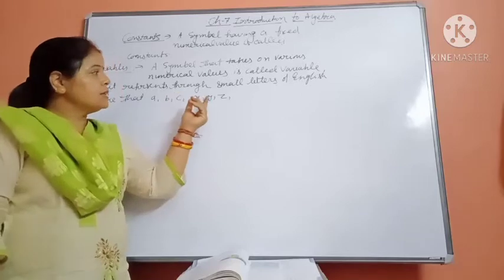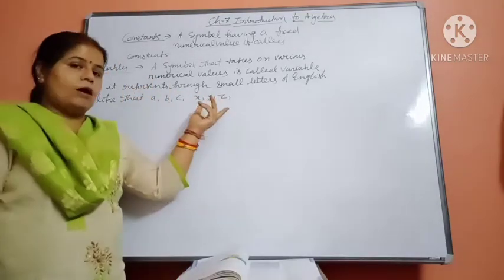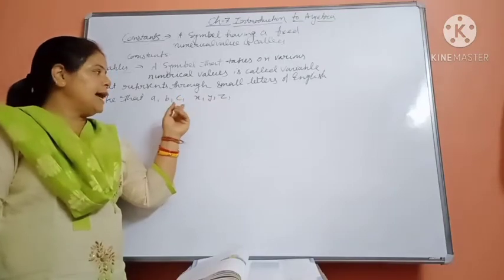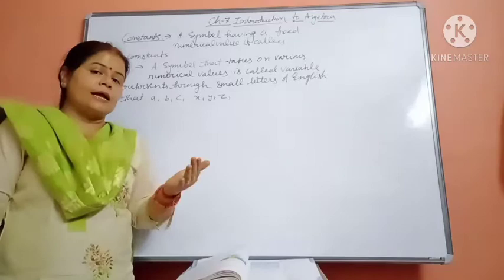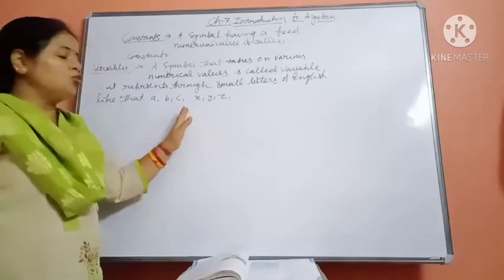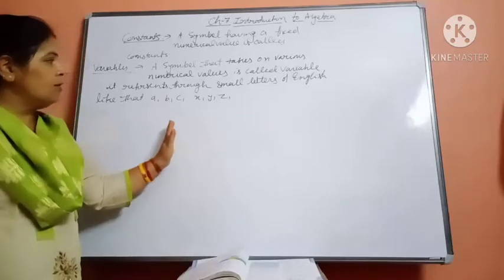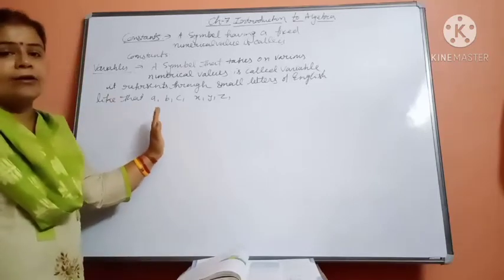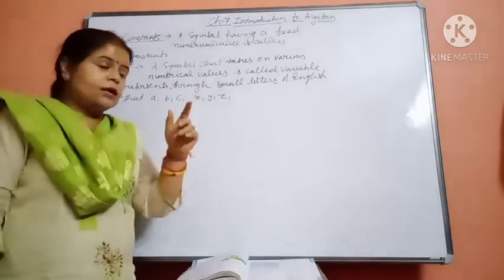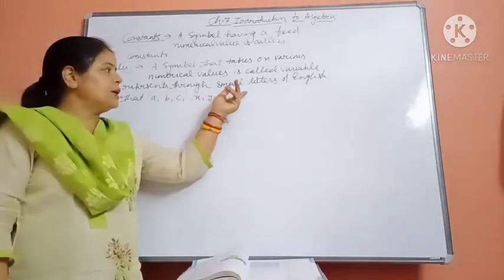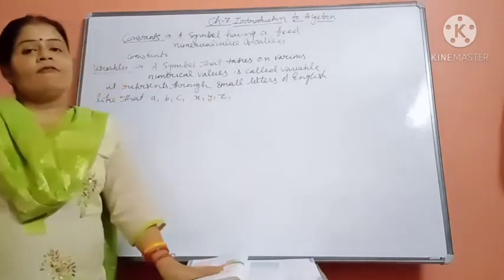So to solve such problems we use one small English alphabet for that unknown value, and those are known as variables.